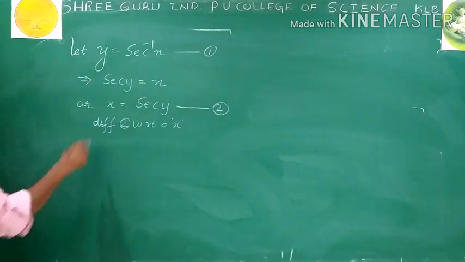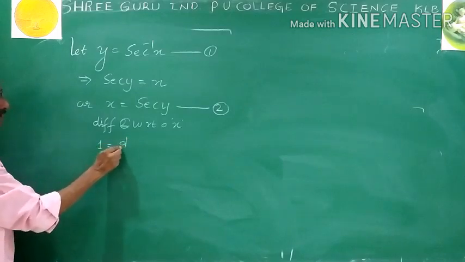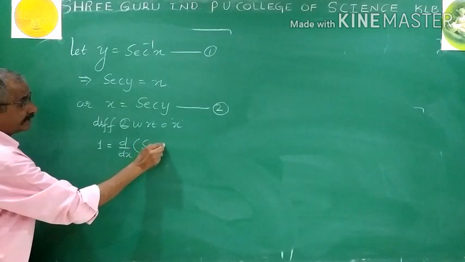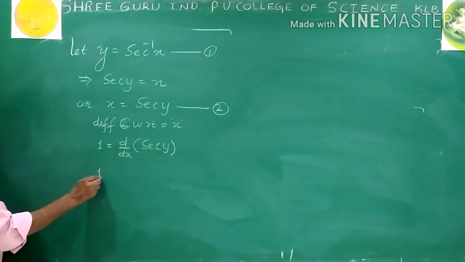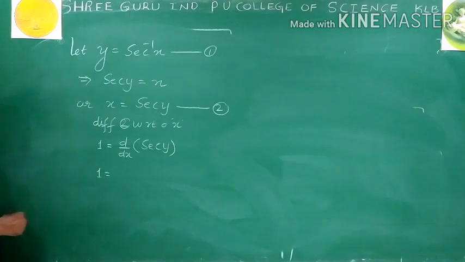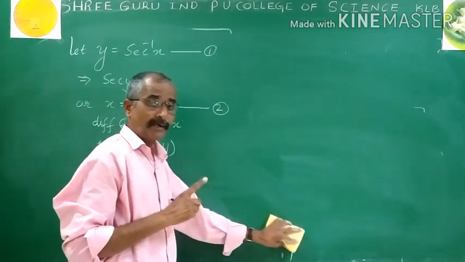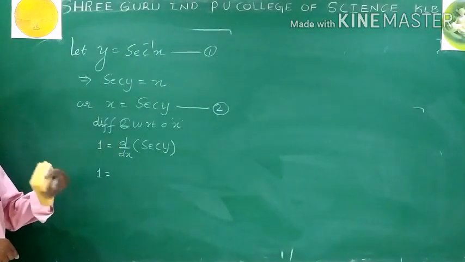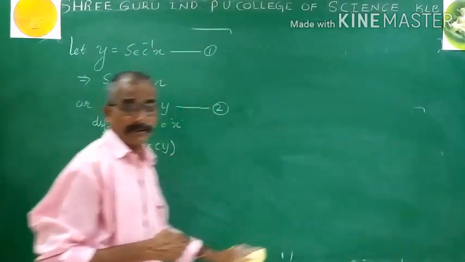On the left side, the differentiation of x is, as usual, 1. On the right side, the differentiation of secant y: 1 equals, by the formula, the differentiation of sec u with respect to x is sec u tan u into du by dx.